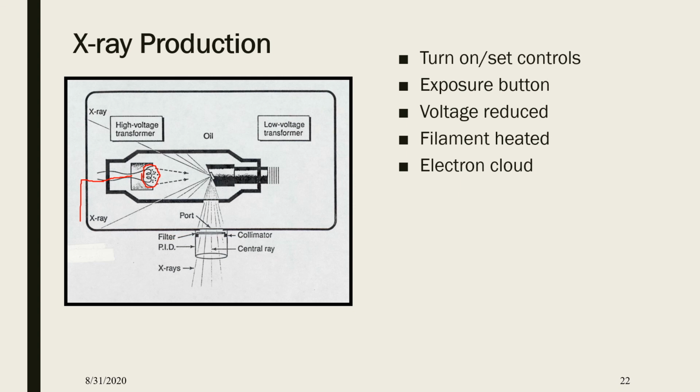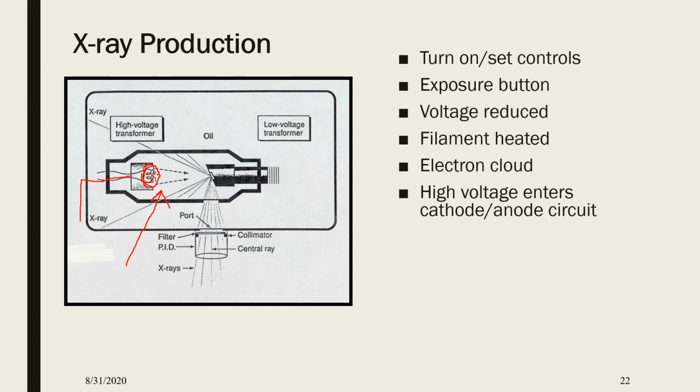Once formed, these electrons wait at the focusing cup to be sent across to the anode. The focusing cup will keep the electron clouds in shape until the high voltage electricity enters the cathode and anode circuit. So low voltage electricity creates the electron clouds, and then high voltage electricity.